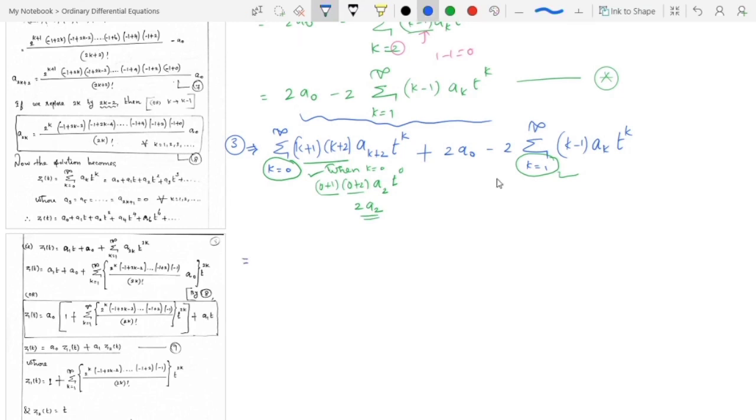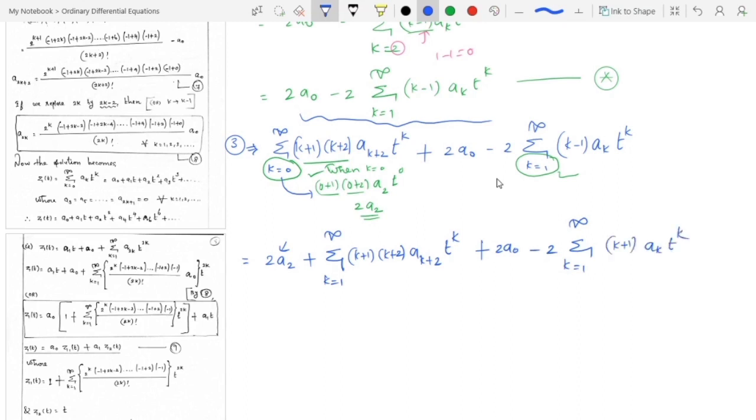We get 2a2 plus the summation, with k equal to 0 replaced by 2a2, starting from 1 to infinity of (k plus 1)(k plus 2) a_(k plus 2) t power k, plus 2a0 minus 2 times the summation k equal to 1 to infinity of (k minus 1) a_k t power k. Now both summations have the same limits.